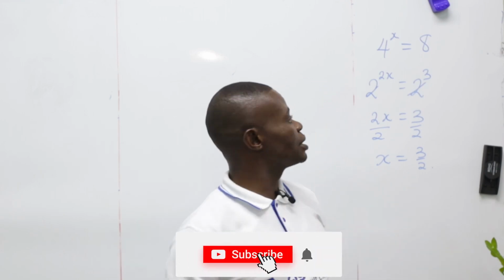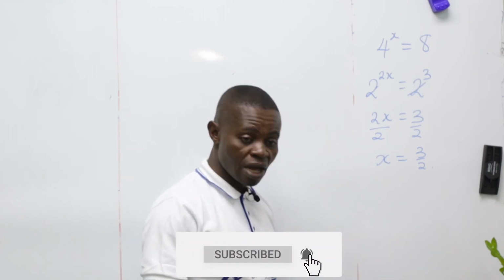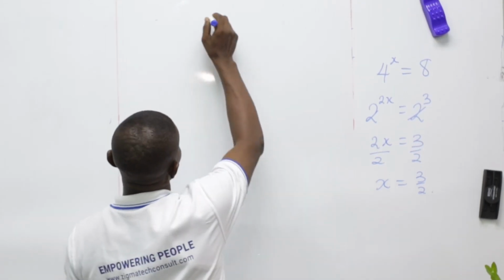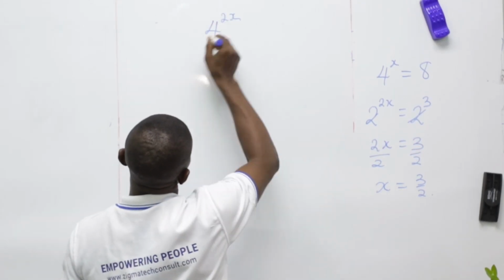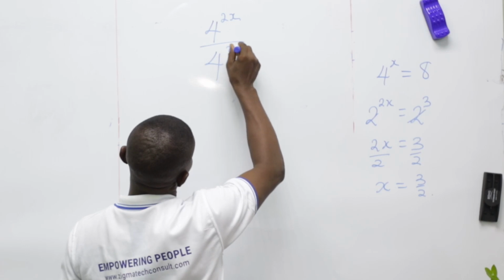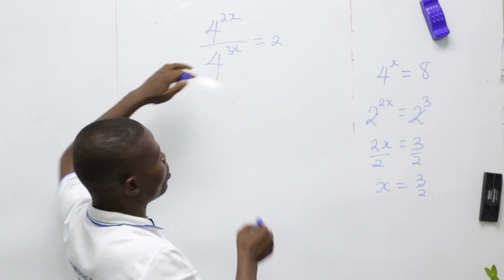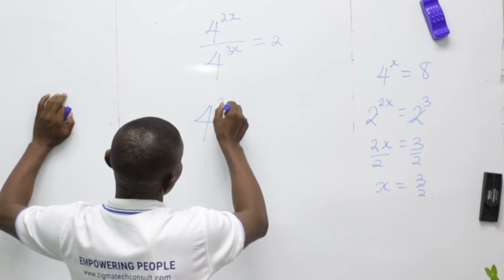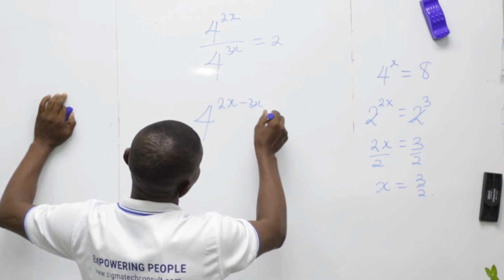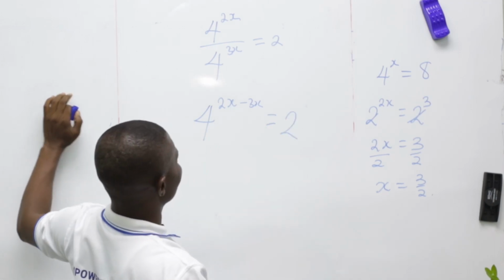The next one is 4 power 2x all over 4 power 3x equals 2. Okay, the bases are the same. What you do, you subtract the powers: 2x minus 3x equals who? 2.